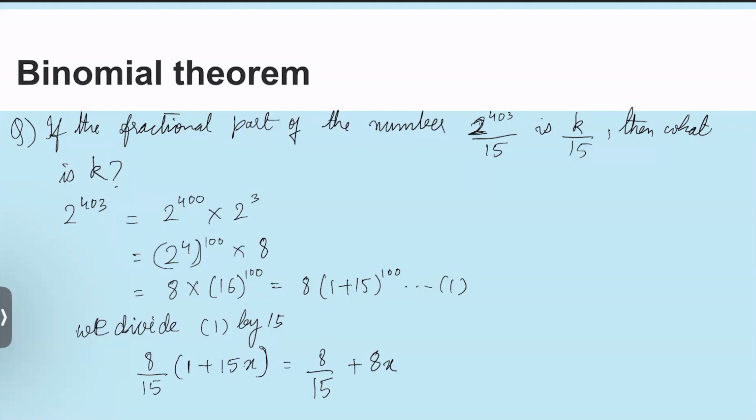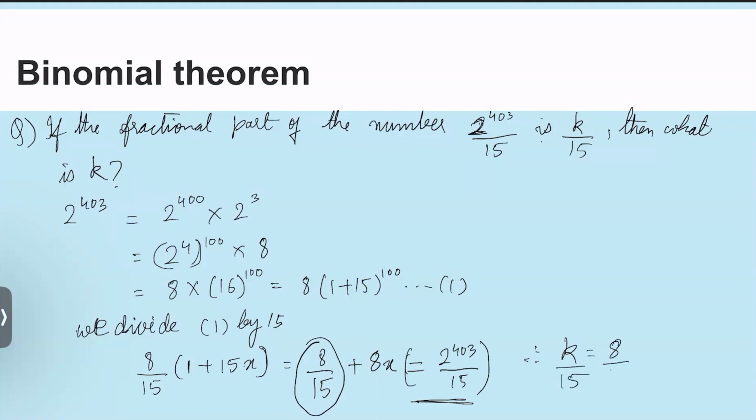So this corresponds to 2 raised to 403 divided by 15. The fractional part of this entire term is actually only 8 by 15. So therefore, your k is equal to 8.